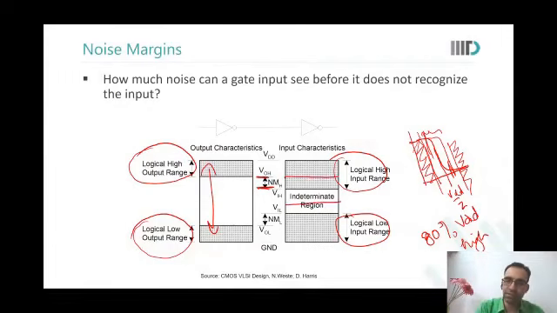Let us say like this. So what has happened? The noise margin on the high side has reduced, whereas that on the low side increases. Are you able to see this? Any questions?